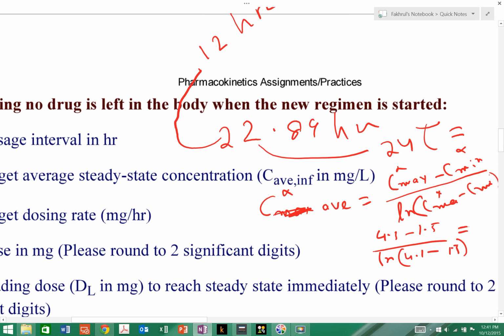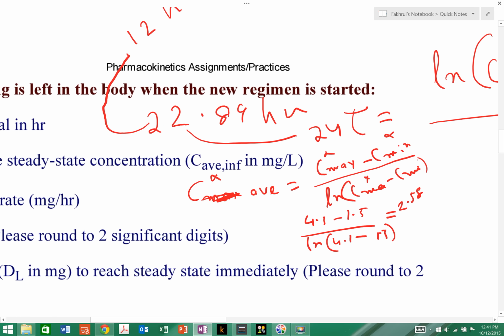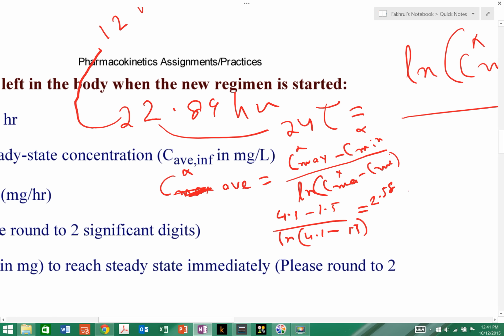You should get something like 2.585 milligram per liter.